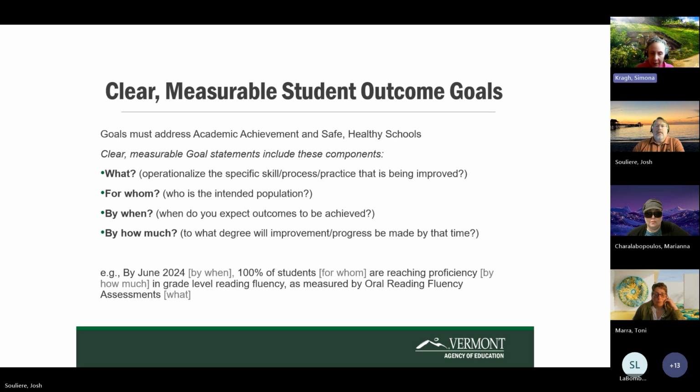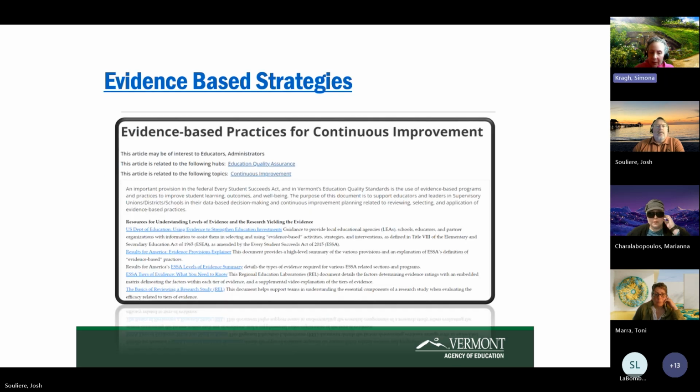In the next slide, you can see that goals and evidence-based strategies must be related to the root causes identified in the CNA, and if applicable, must be related to the reasons for identification of schools eligible for comprehensive support and/or targeted supports.